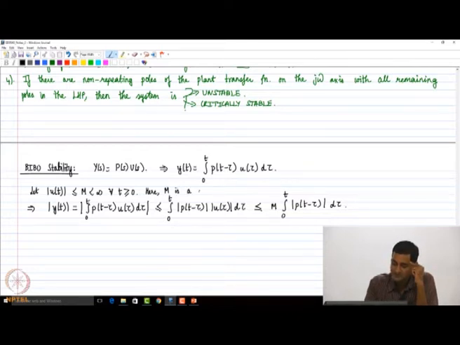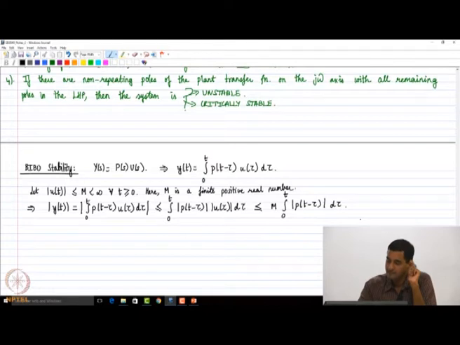Here M is a finite positive real number. Anyway, I'm taking the absolute value of u of t, so it's going to be a positive number. I hope it's clear.